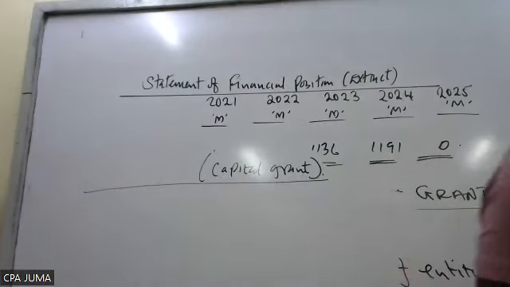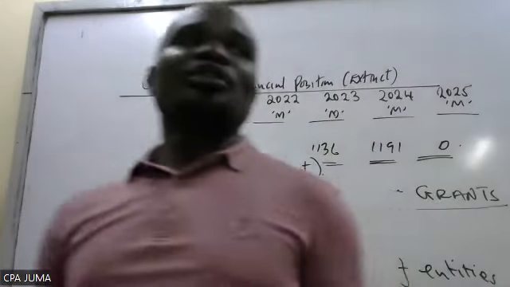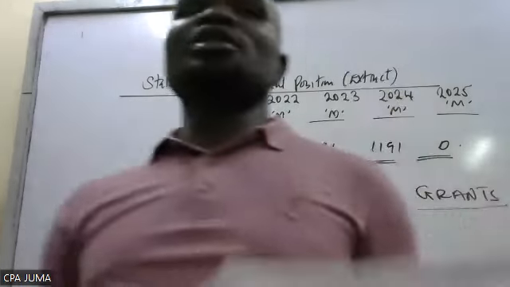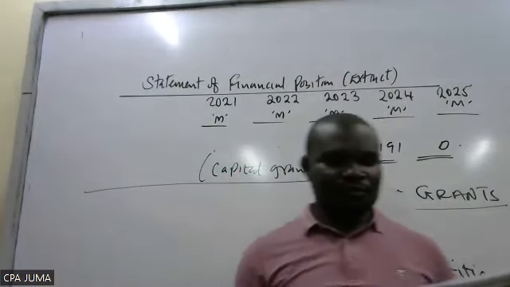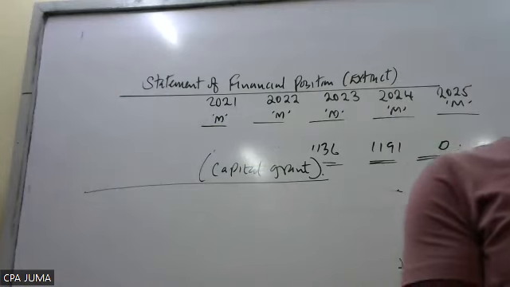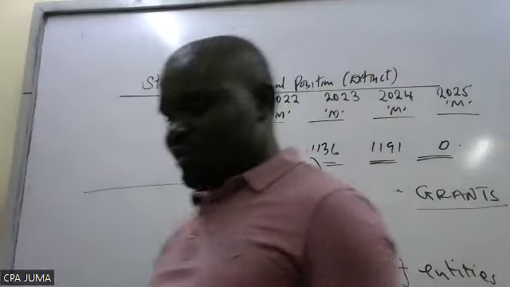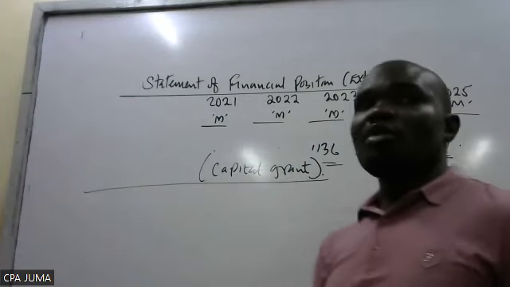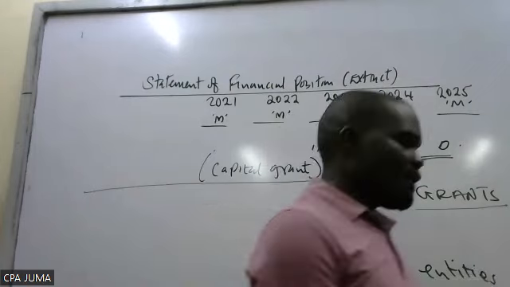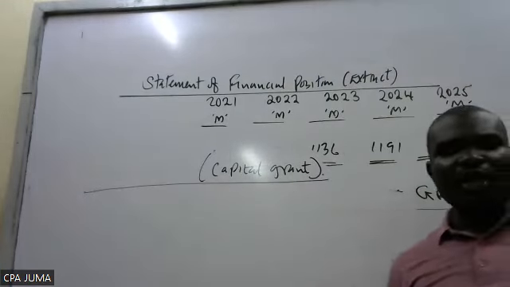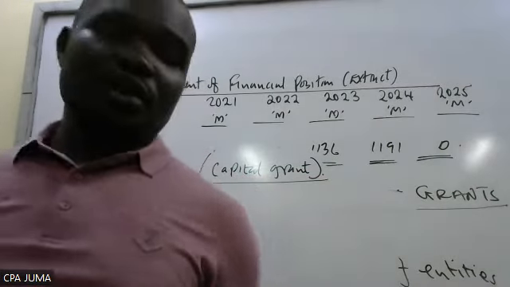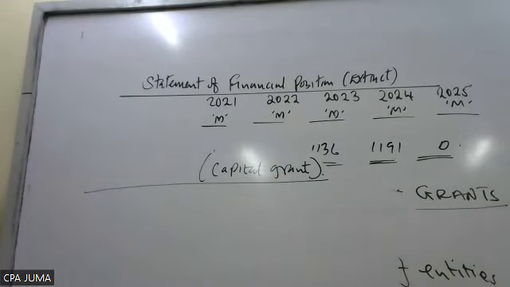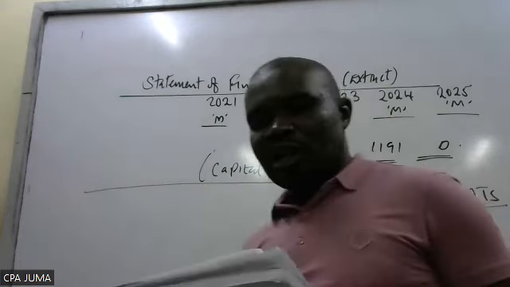Then you say, these are grants whose primary condition is that the entity should purchase, construct or acquire long-term assets. Full stop. I'll come back there.